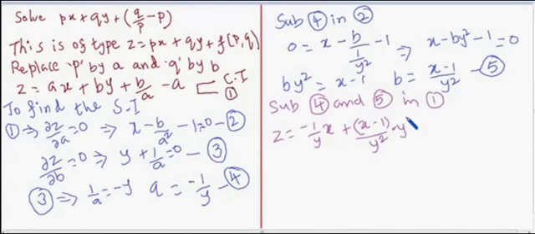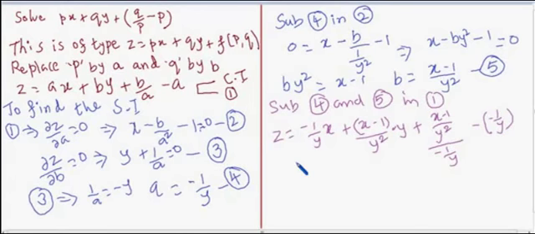The third term is b by a, where b is x minus 1 by y squared and a is minus 1 by y. And the final term is minus a, for which you can substitute minus of minus 1 by y.